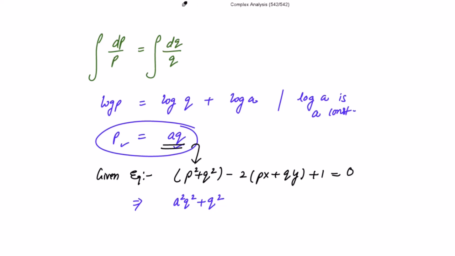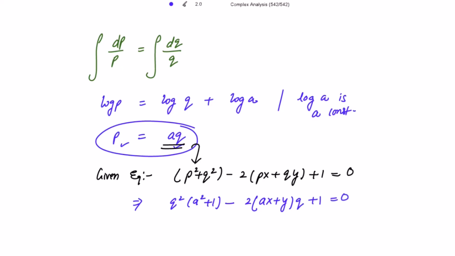That will be q square into (a square plus 1), minus twice of a q x plus q y. If I take q common, this will be (a x plus y) into q, plus 1 equal to 0.